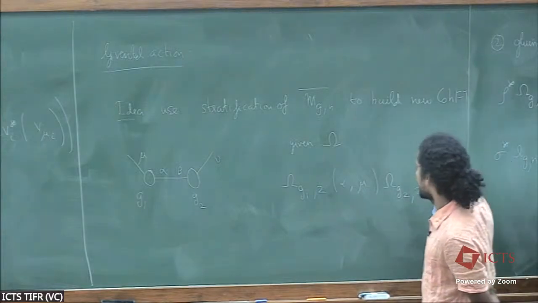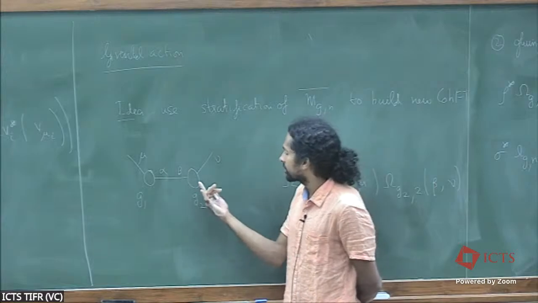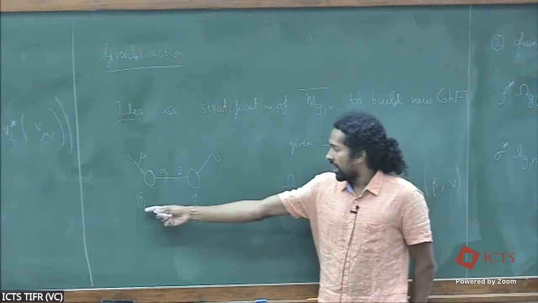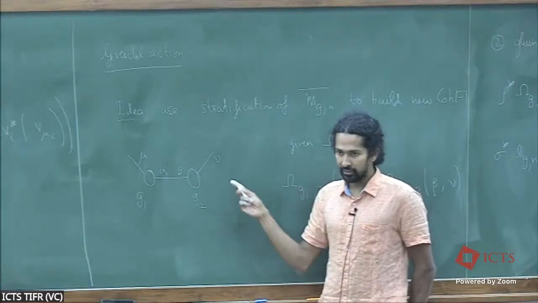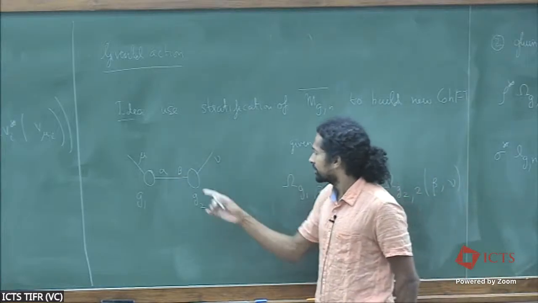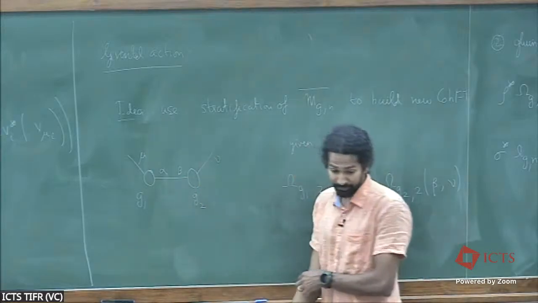But at the end of the day, I want to build a cohomology class that lives on M_{G1+G2,2} bar, so that this is some stratum in there. So I should only depend on these mu's and nu's. We call it mu and nu.